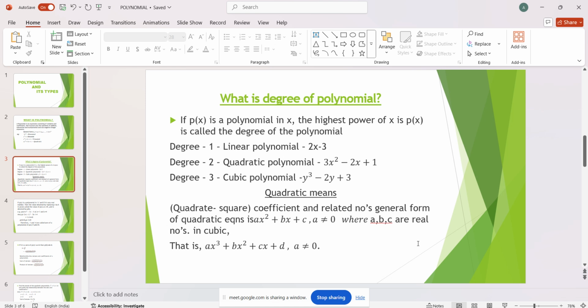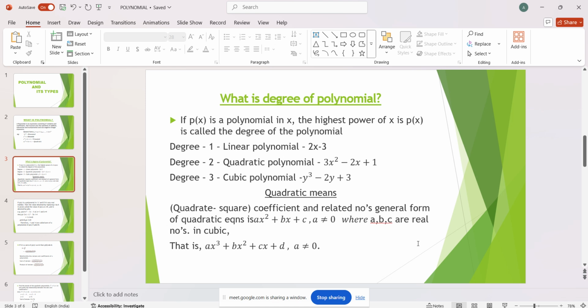In the quadratic polynomial x square, the coefficient 3 is not 0. In the cubic polynomial y cube, the coefficient is not 0. So the types are: degree 1 is a linear polynomial, degree 2 is a quadratic polynomial, and degree 3 is a cubic polynomial. Then degree 4, degree 5, like that.